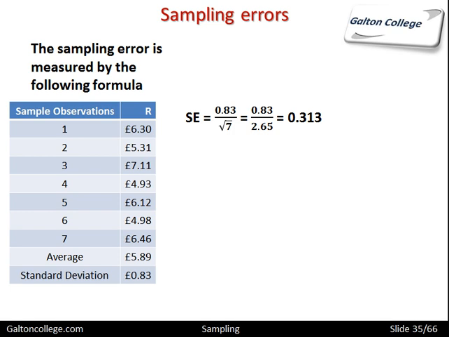Now, the standard error here is the standard deviation of the sample, which is 0.83, divided by the square root of the sample size, which is 7, so that becomes 0.313. So the standard error is 0.313.